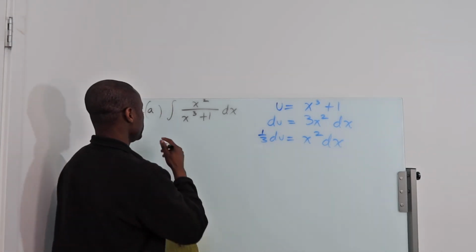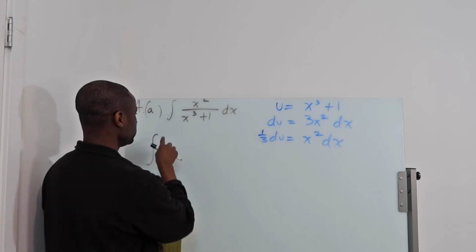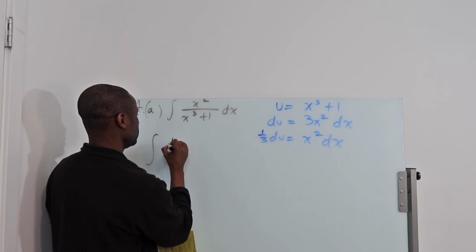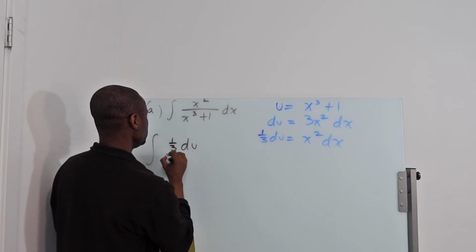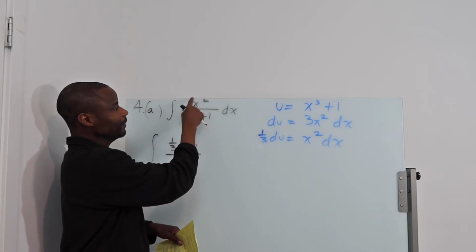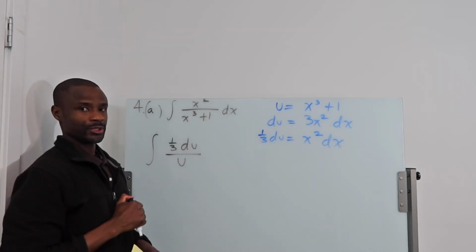So based on that, what we have here is the integral of 1/3 du over u. That's our u, and that's our 1/3 du in the numerator.